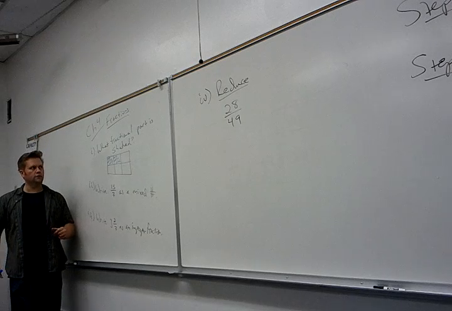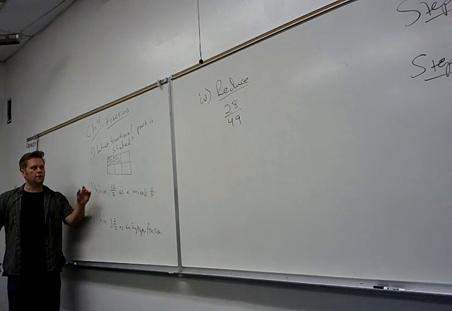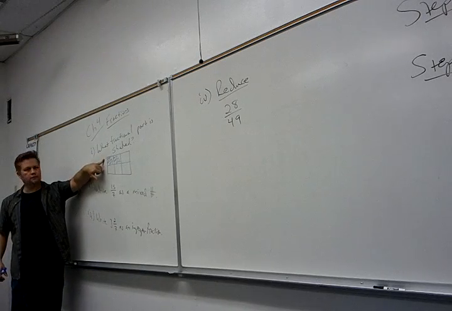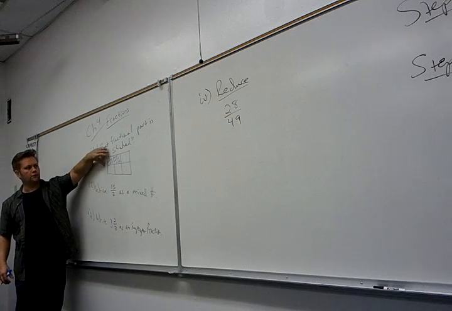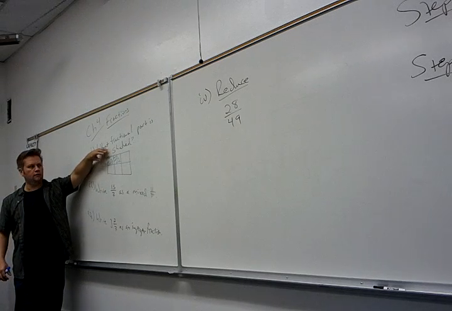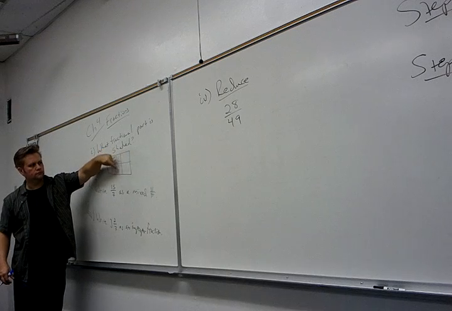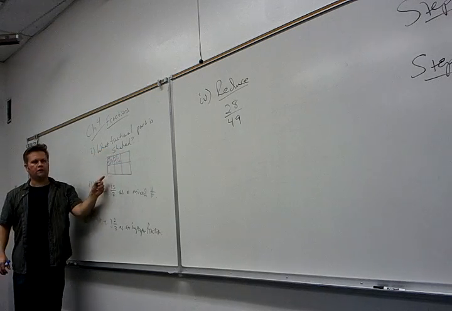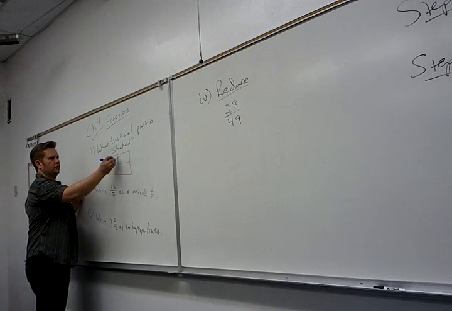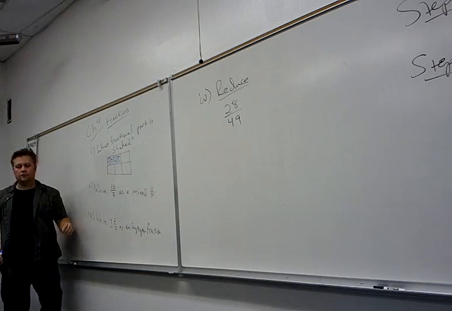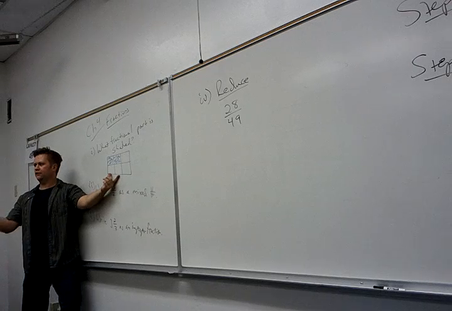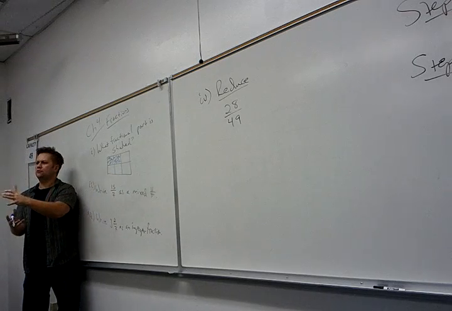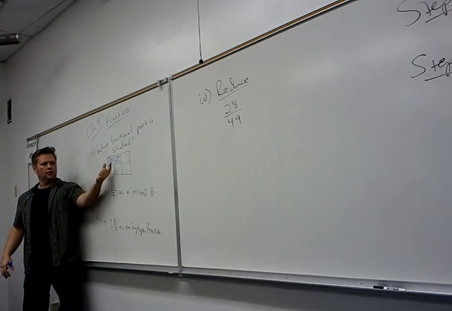Alright guys, so this first problem, 2/6. Go through the steps for me. How many parts do I have total? 6 total parts, right? So it's not a whole thing filled. Maybe this is an ice tray, and I can see the ice in there. There's not one complete ice tray full of ice, so there must be some fractional part of this ice tray full of ice.